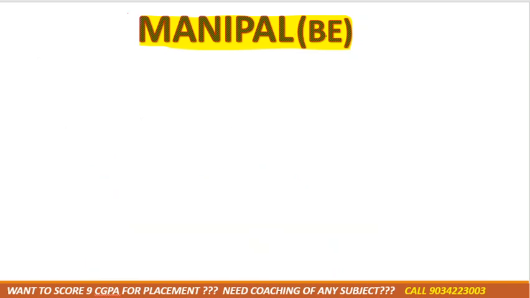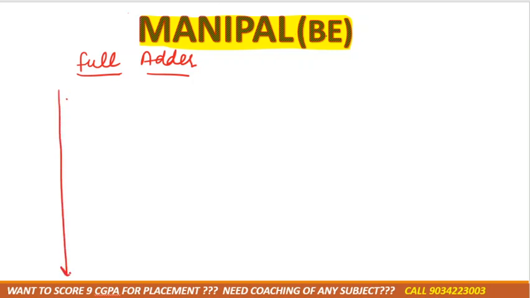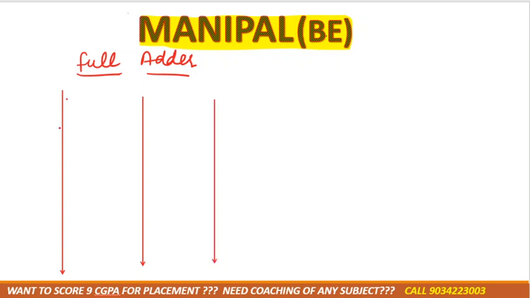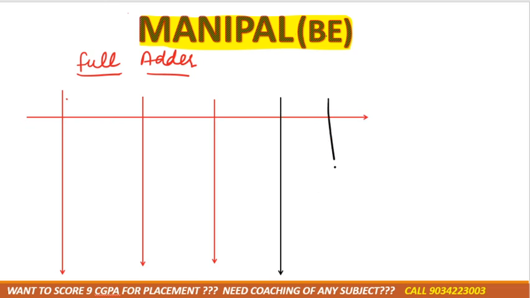Now similarly we have to do it for the full adder, correct? So in case of full adder, as I told you, we'll have how many inputs? 3 inputs, right? And 2 are the outputs. So let's draw it. A, B, C. I told you if there are 3 possible inputs, then how many are the possible combinations?